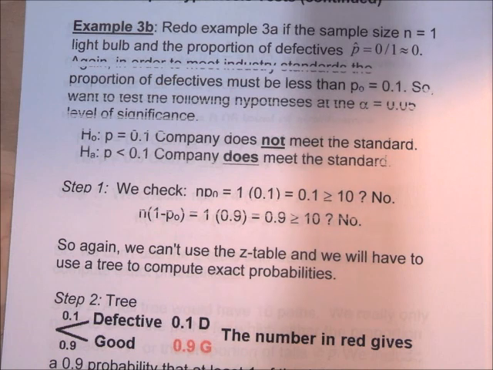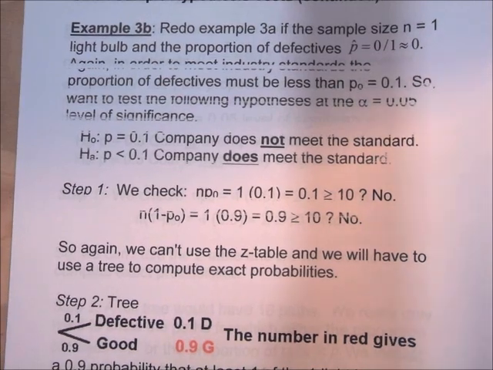So there's only 1 path that we're interested in, the good light bulb path, and that has a 0.9 chance of happening even if H0 is true. So that's going to be our p-value, which is more than our desired level of doubt at 0.05. Again, we fail to reject H0. The 1 light bulb is not going to provide enough evidence.